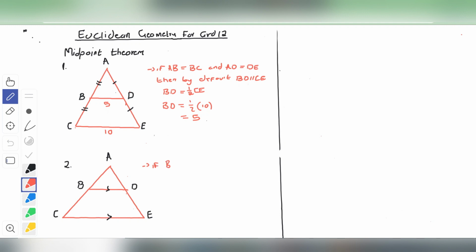if BD is parallel to CE, right, then by default AB is equal to BC and AD is equal to DE, right?